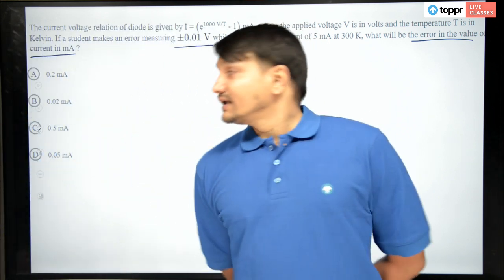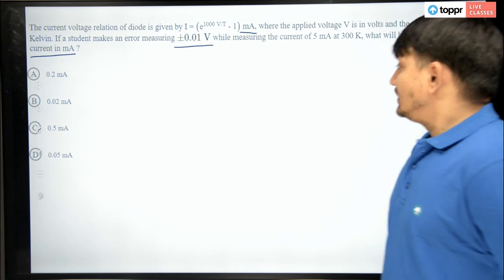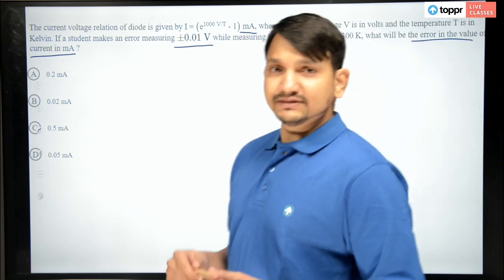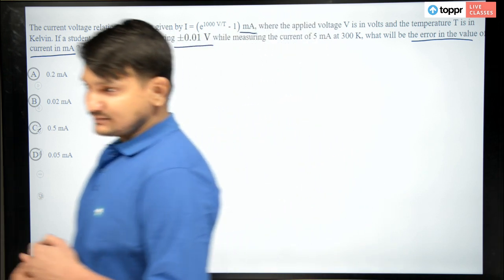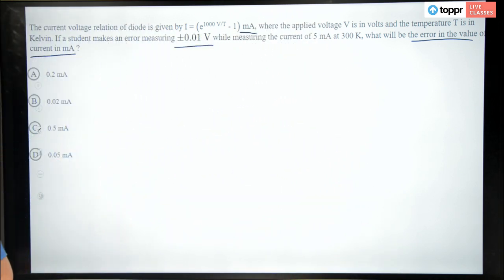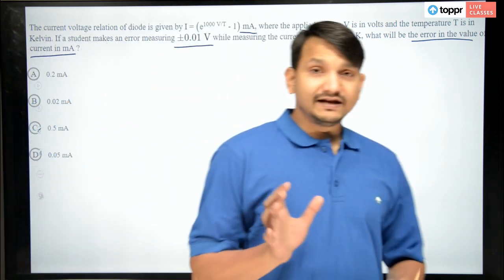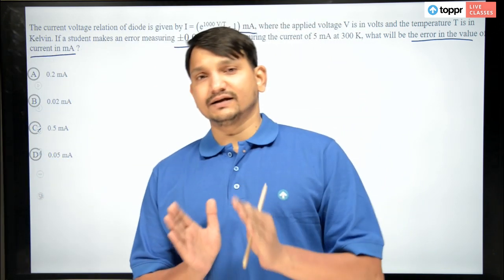Okay, now we'll try to solve it together. But before that, I would like to answer one question that one has asked. How will we be able to understand that error has occurred? So every equipment has some kind of error margin.